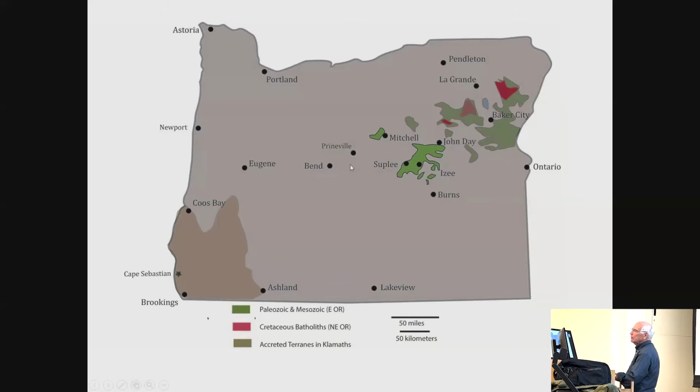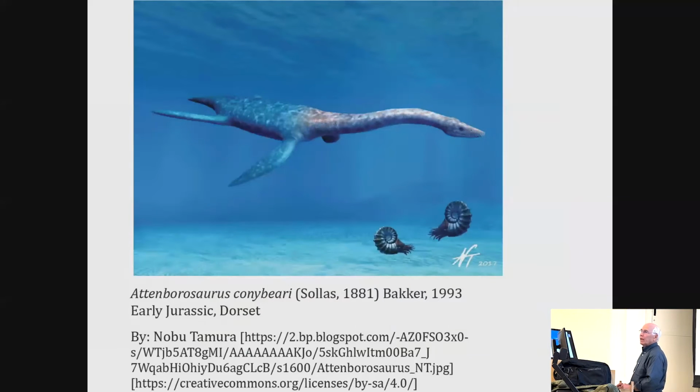One other spot that I want to emphasize is this Cretaceous marine incursion around Mitchell. That's where a group from the North American Research Group, the NARG group, I think, found the jawbone, a 2-foot-long jawbone to a short-necked plesiosaur.